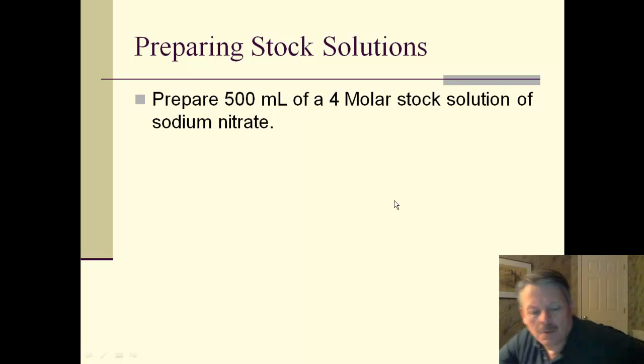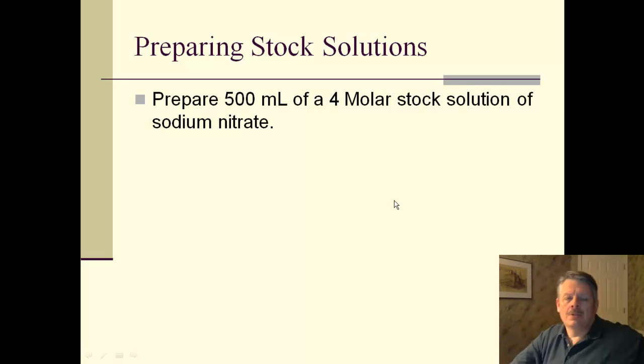Now, here's a problem where I'm supposed to be preparing a stock solution of sodium nitrate. All right, so how in the world would I do this? This is something that would be very, very common for me in the lab, is to say, well, we need a particular concentration of a solution that we're going to be using in the lab. Right? So, how in fact would I do this? Well, I have to create a 4 molar stock solution, but I only have to create 500 milliliters.